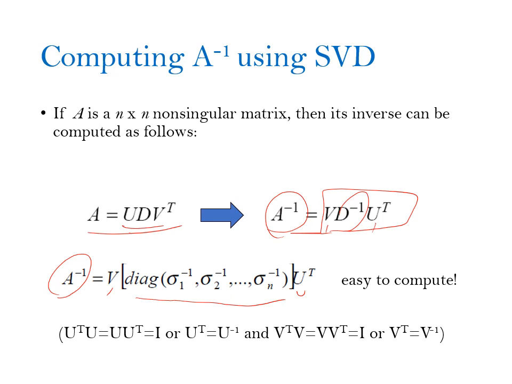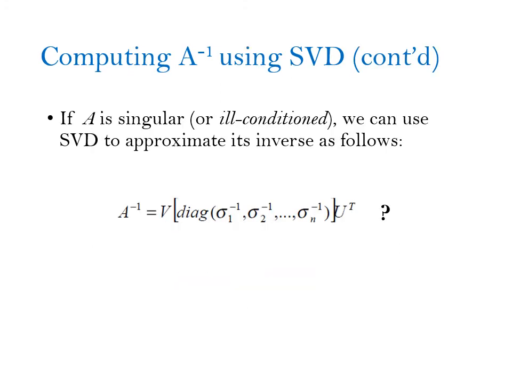So the inverse of U is U transpose, the inverse of V transpose is V, and the inverse of the diagonal can be calculated using this equation. Calculating the inverse of the diagonal is very easy. So if A is singular or ill-conditioned, you can use singular value decomposition to approximate its inverse as follows.